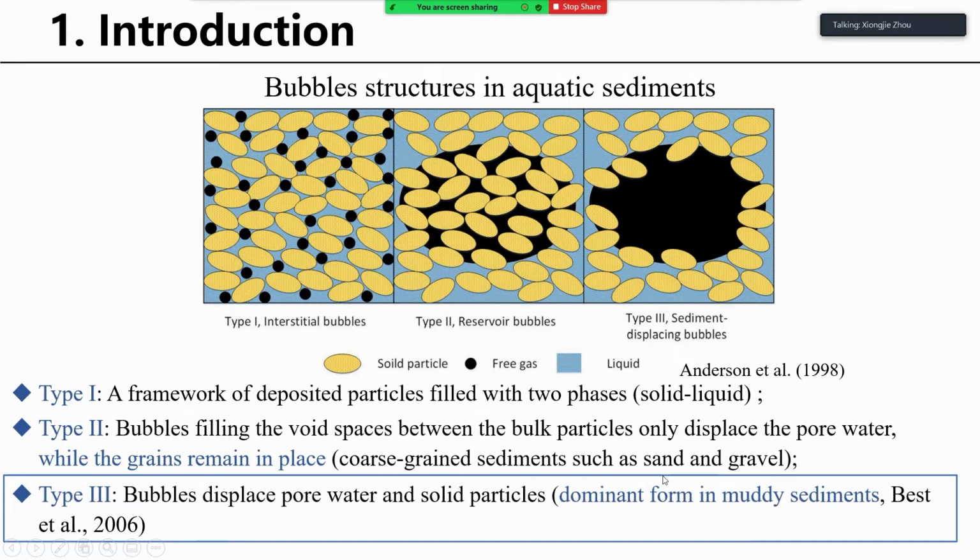And bubbles of type 3 are the big bubbles that actually displace not only pore water but grains from their initial position in the porous media. This type of bubble is dominant in very fine cohesive sediments, which are muds. This is what I focused on.